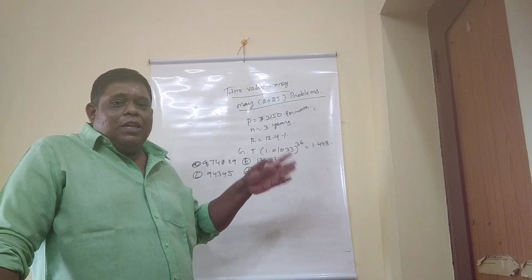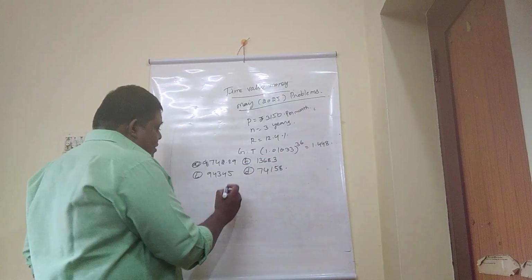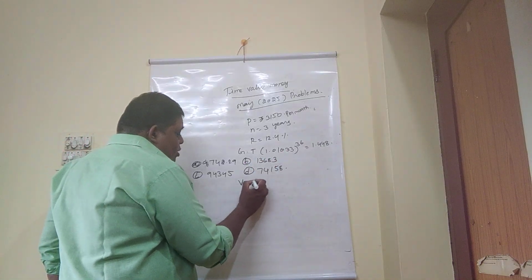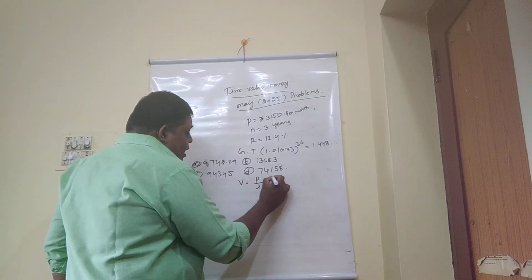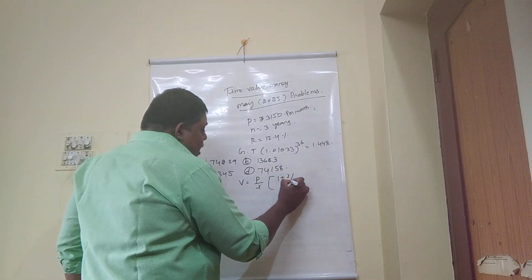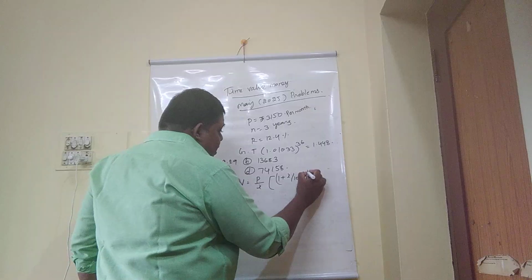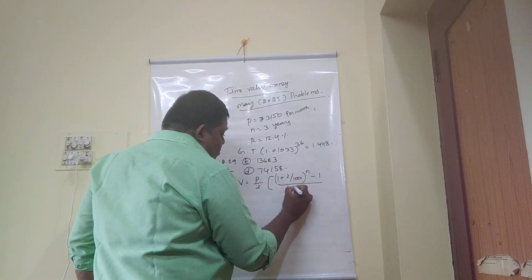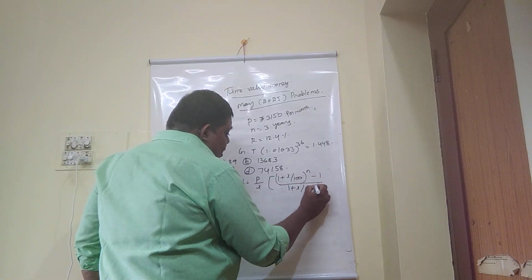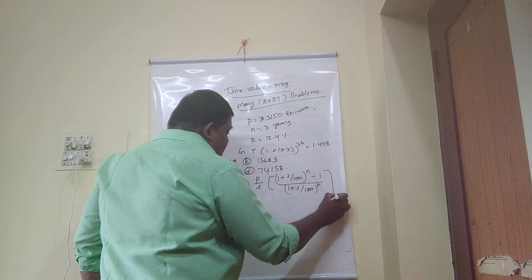The present value formula is V equals P divided by I, into 1 plus I divided by 100 whole to the power n minus 1, divided by 1 plus I divided by 100 whole to the power n.